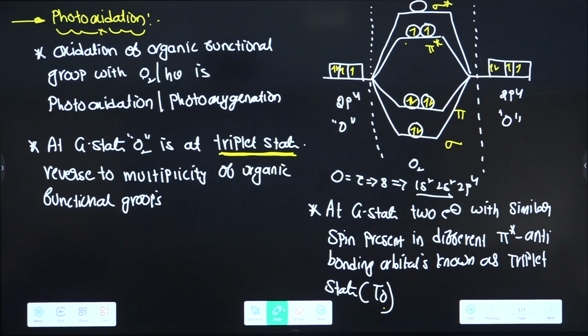Is it stable or unstable? Stable. Now it is stable. Triplet state of oxygen is stable. That's why it is not a real participator for oxidation. Who is real participator? Singlet.